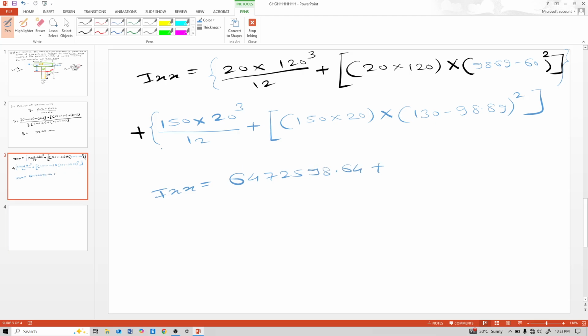Again plus this term now: 150 into 20 cubed divided by 12 plus 150 into 20 into 130 minus 98.89 squared. It is 3003496.3.